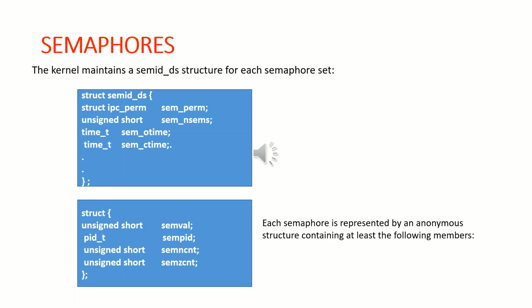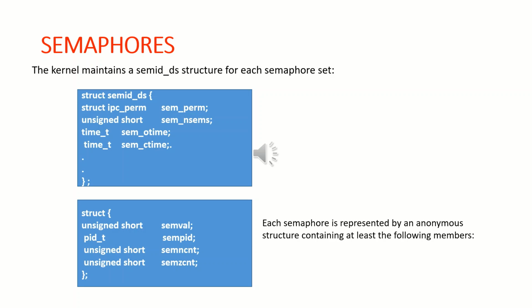Each semaphore is represented by an anonymous structure containing at least the following members. The structure starts with struct; it's an anonymous structure, with no name, and for that it's called anonymous. It contains an unsigned short named semval, the semaphore value, which is always greater than or equal to 0.